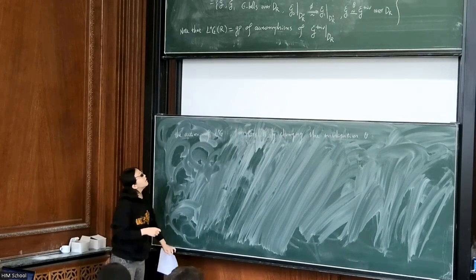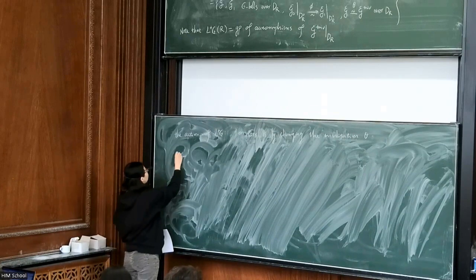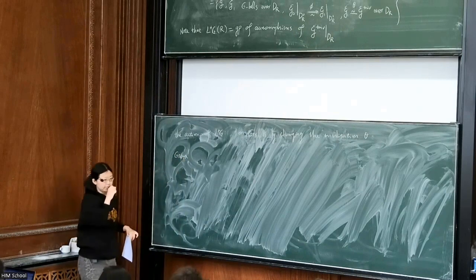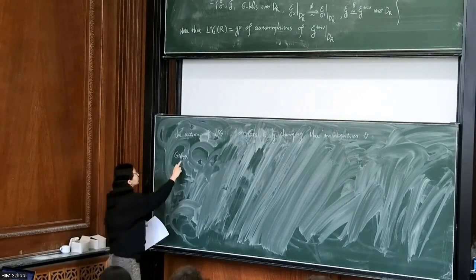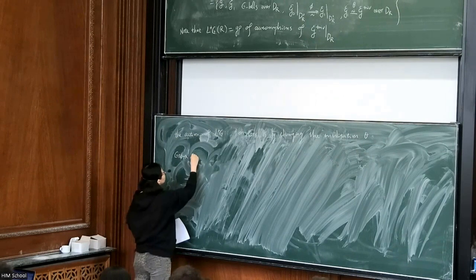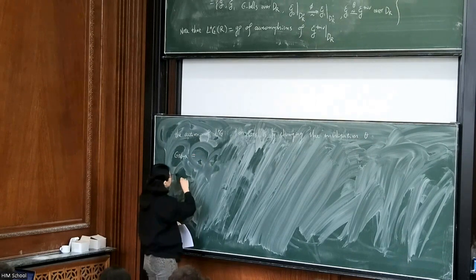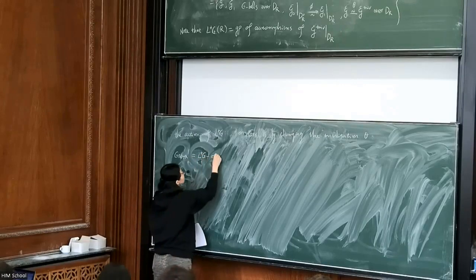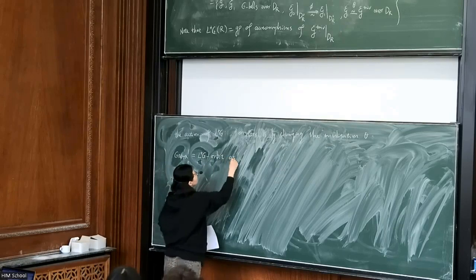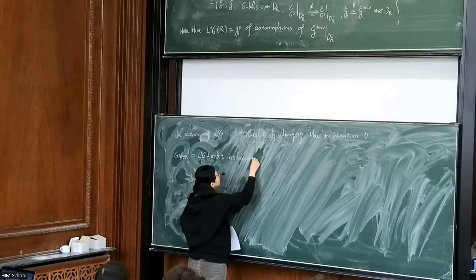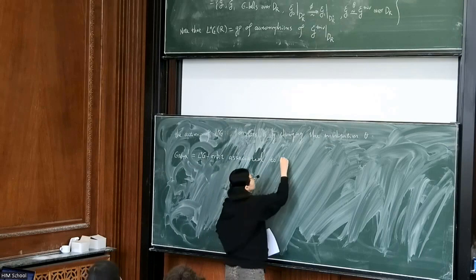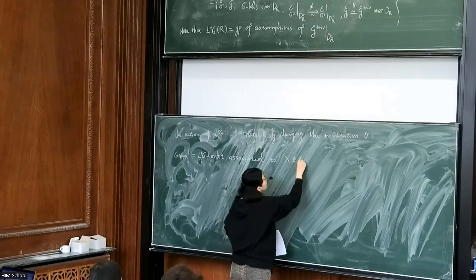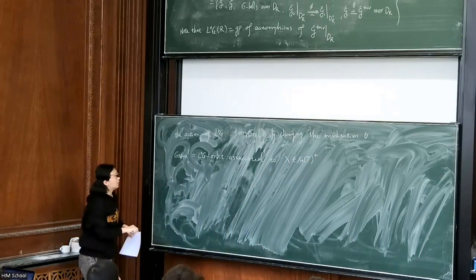And yesterday we defined this subscheme in the affine Grassmannian, the orbit of L for a dominant coweight lambda.